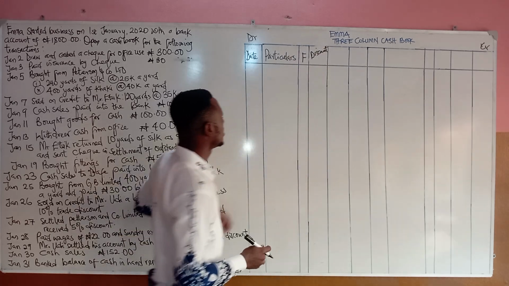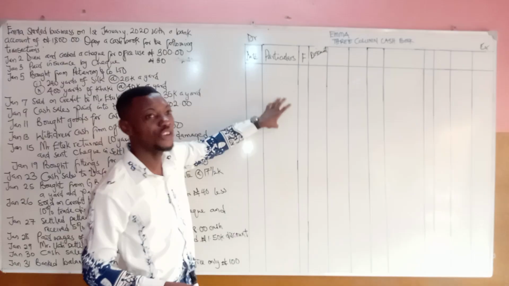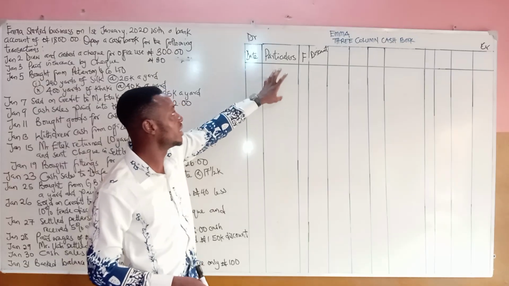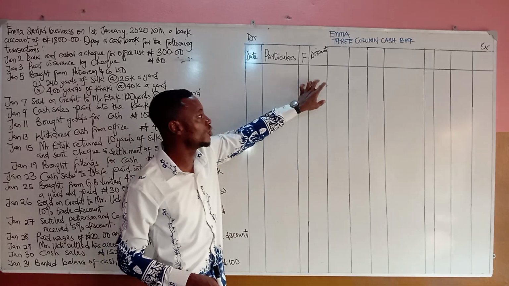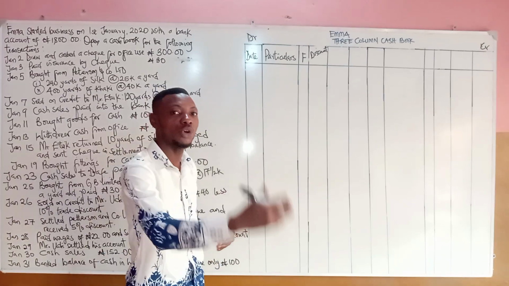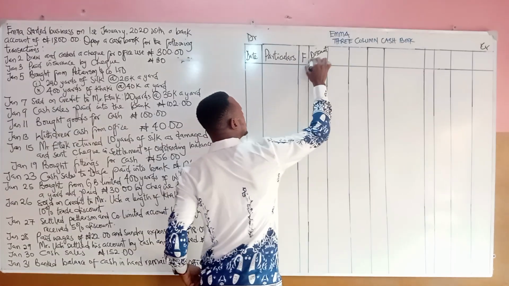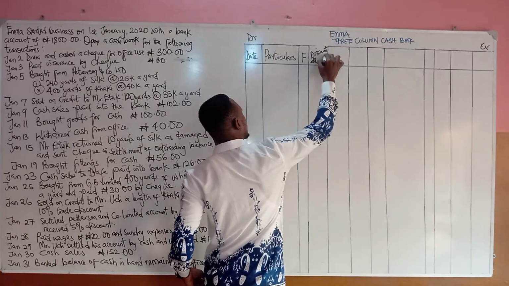So after folio, we have discount. Now, because the debit side in the cash book is used to record income, meaning your sales is under the debit side, the discount you are recording here is a discount allowed, because you are giving your customers discount whenever they patronize your business. So we have discount allowed.